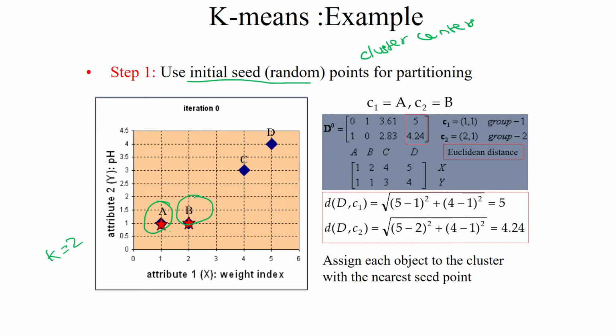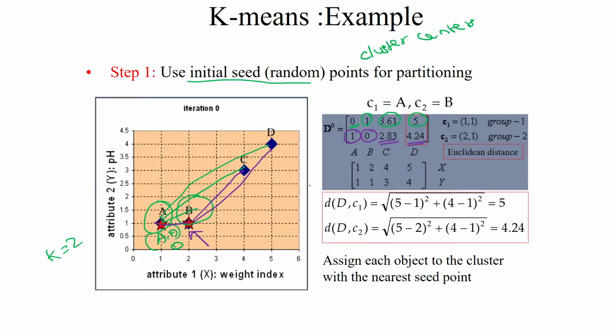First I calculate the distances from A: A to A is 0, A to B is 1, A to C is 3.61, and A to D is 5. Then for cluster centroid 2, which is B: B to A is 1, B to B is 0, B to C is 2.83, and B to D is 4.24.